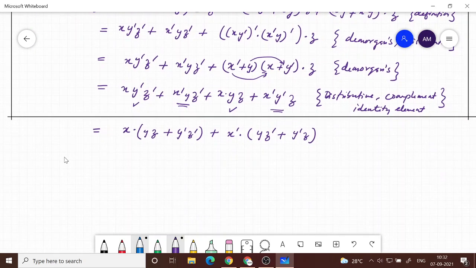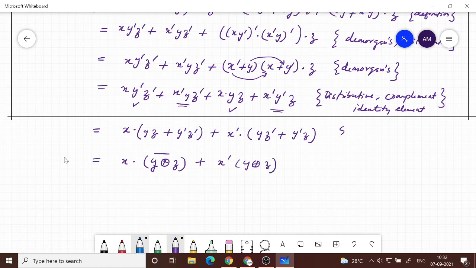Okay, so now what is in this bracket? This is basically y XOR z the whole bar, and here I have y XOR z. So it's a definition.